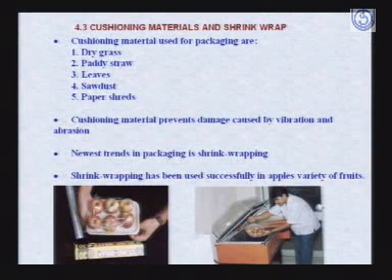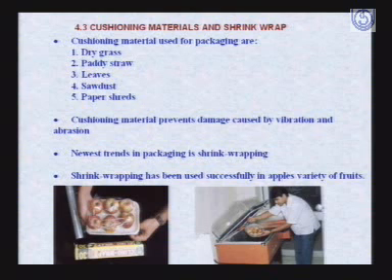Now this is another aspect of packaging that is very popular these days, because of the small unit pack, what you call shrink wrapping. The cushioning materials you use are dry grass, paddy straw, leaves, sawdust, and paper shreds. But the selection of the cushioning material is very, very important.